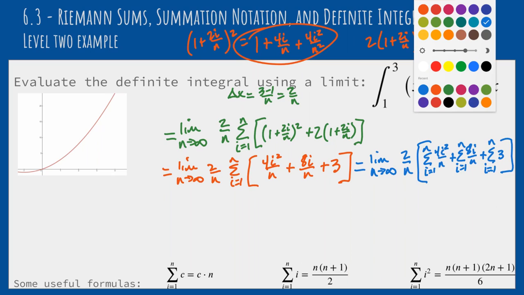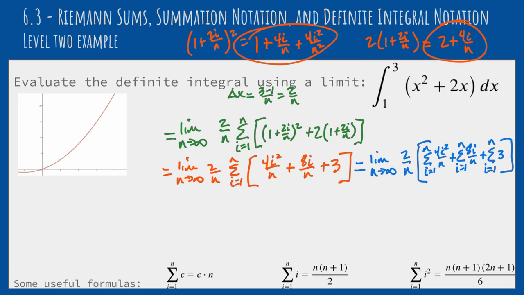Okay, the next thing I'm going to do for each one of these sums is factor out anything that doesn't depend on i. So when we're writing out this sum, I'll take the first one as an example. We're going to have 4 over n times 1 squared plus 4 over n times 2 squared plus 4 over n times 3 squared, and so on.